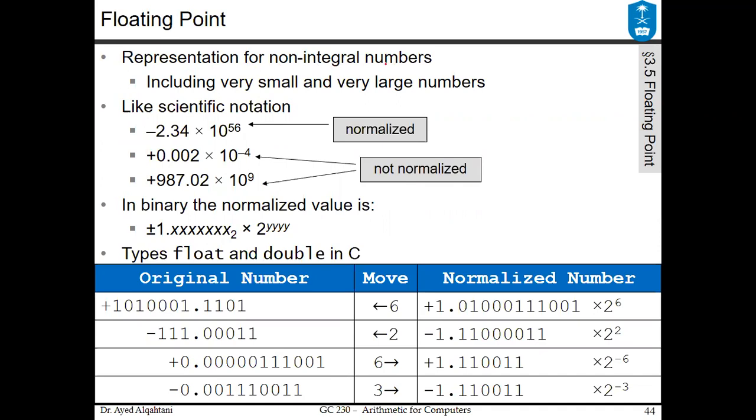So we will check the floating point representation, meaning how to represent a float or a double number that you define in your high-level language. After we know the representation, we will check how to add and multiply floating point numbers, but this would be the subject of the next video.